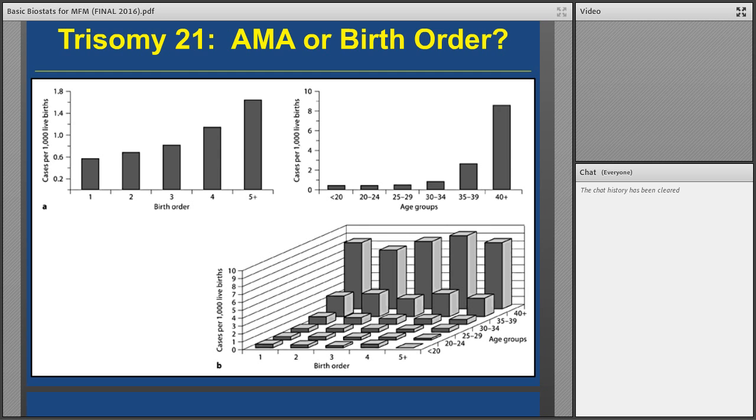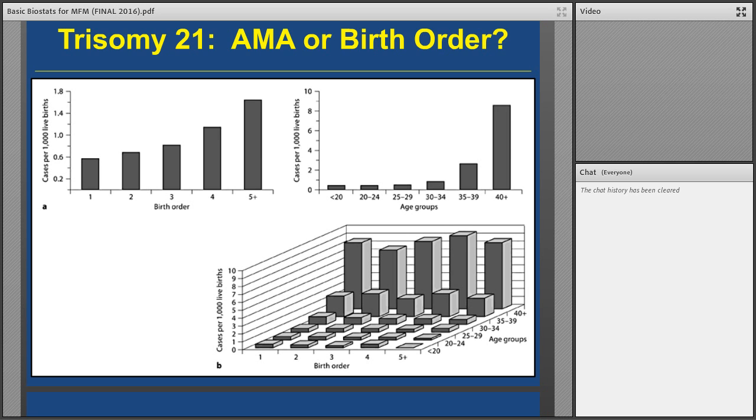dependent variable. Now, if we stratify the analysis, or we create these strata in the lower right, then we can tell that, hey, maybe it's not birth order, because birth order across each age group doesn't show very much variation. It really looks to be that the age is the factor or the influence on trisomy 21 cases.